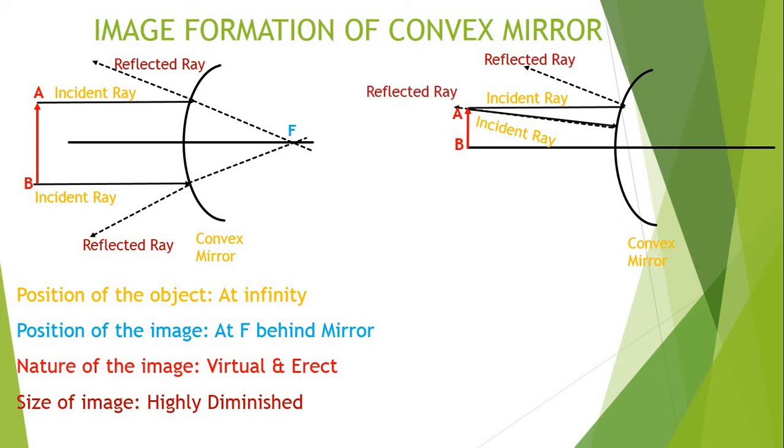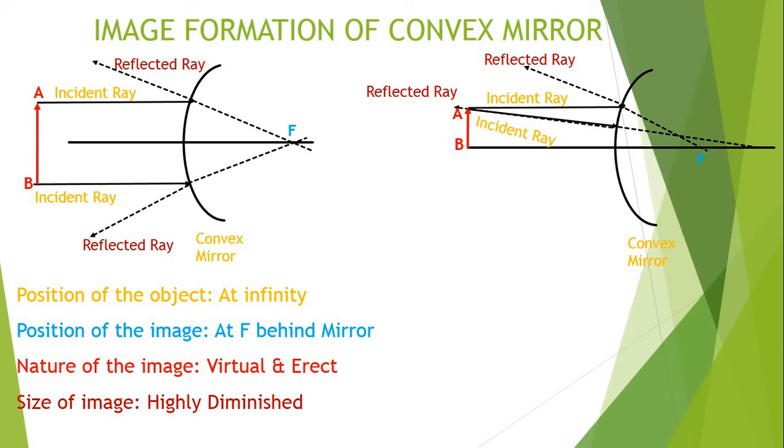Now both reflected rays, same as the previous case, will never intersect each other on the left side, but the first reflected ray will appear at the back side at the position of the focus, and the second reflected ray will appear at the back side at the position of the center of curvature. Both these positions are very crucial.